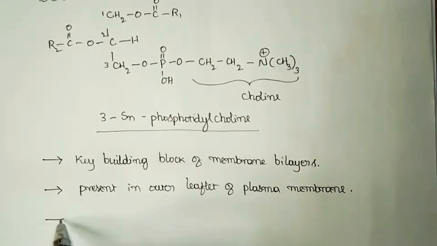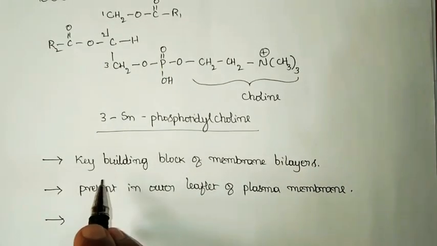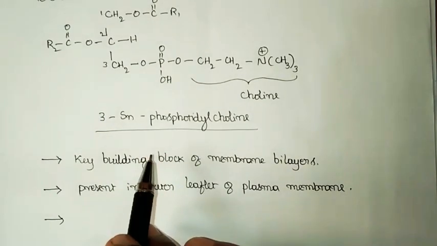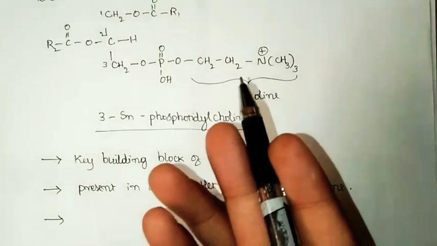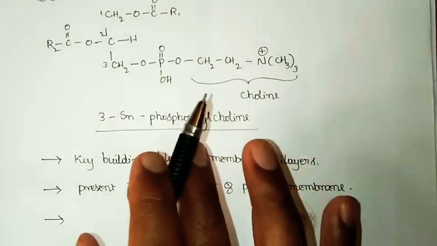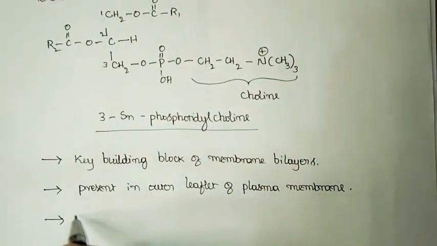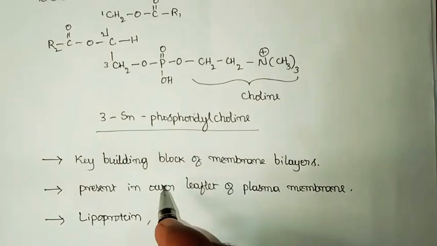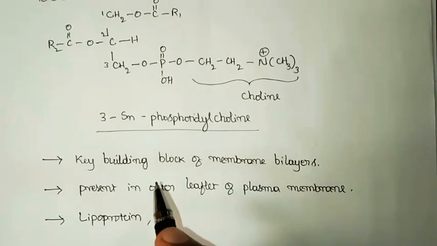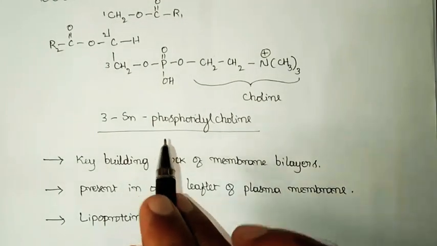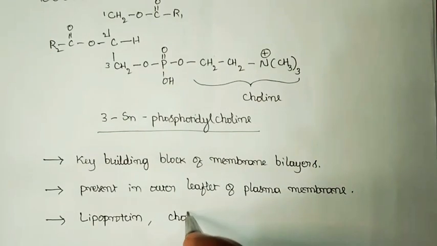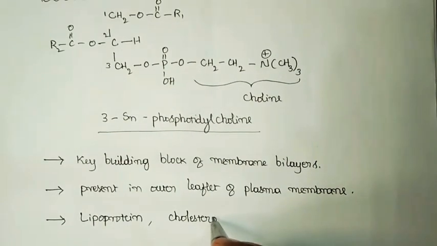This lecithin is also the principal phospholipid present in the circulating fluid, that's nothing but plasma, where it is the principal component of lipoproteins. There are two kinds of lipoproteins actually. One is called high density lipoprotein, HDL, and the other is called low density lipoprotein, LDL. Simply, the lipoproteins are nothing but cholesterol carriers.